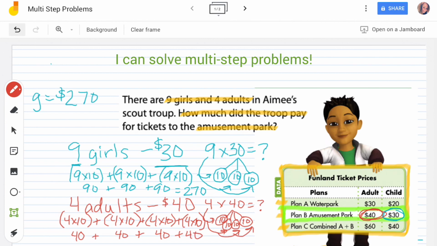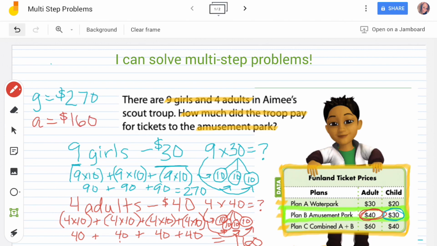If I add those together, that's going to give me my total. 40 plus 40 is 80. 80 plus 40 is 120. 120 plus 40 equals 160.